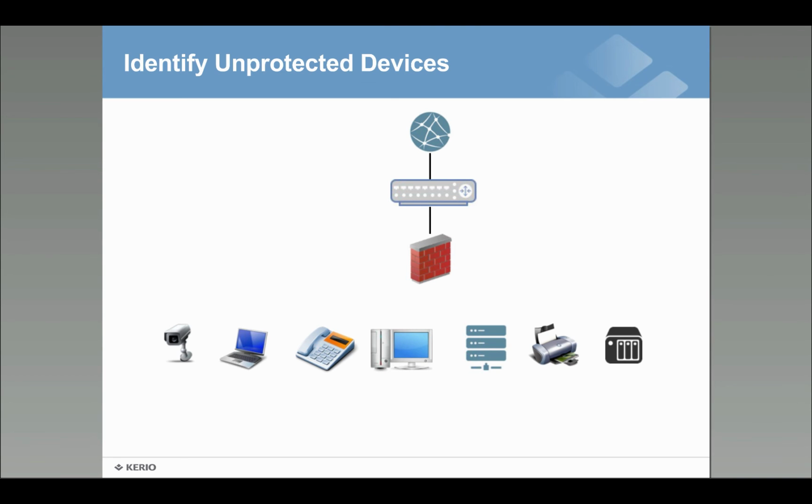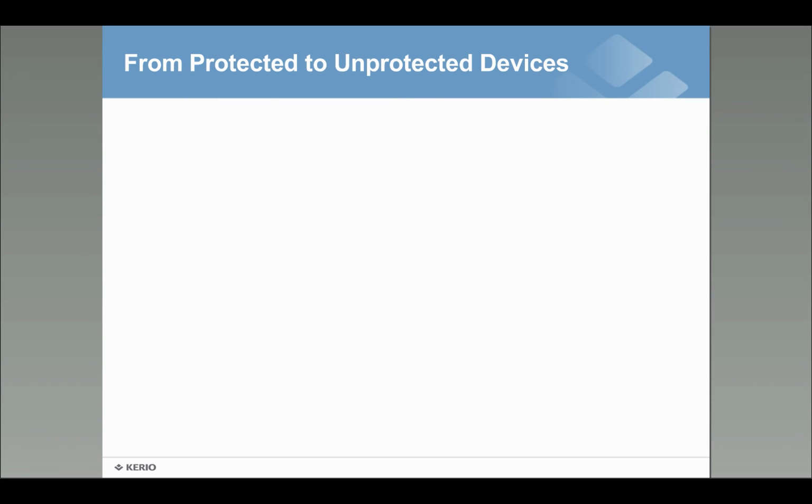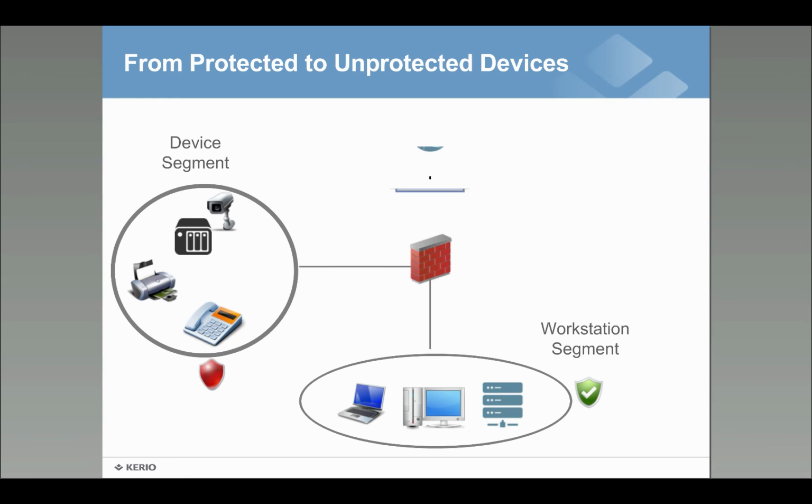So now that we know which devices are vulnerable and have no self-defense mechanism, we can easily spot them in our network. Our suggestion is to separate them into a dedicated network segment, like you can see on this slide. We call them in this presentation the device segment and the workstation segment.